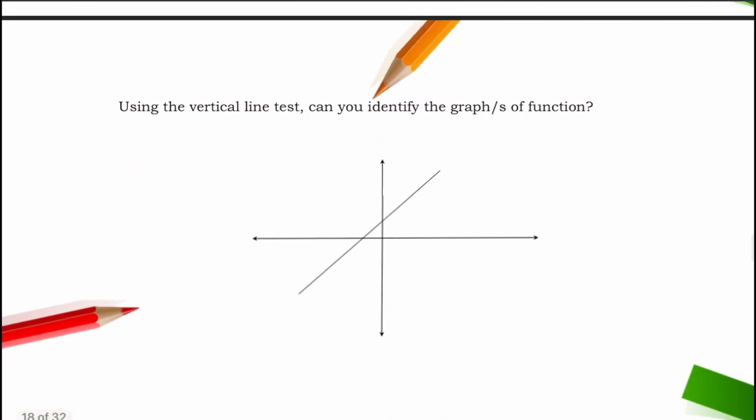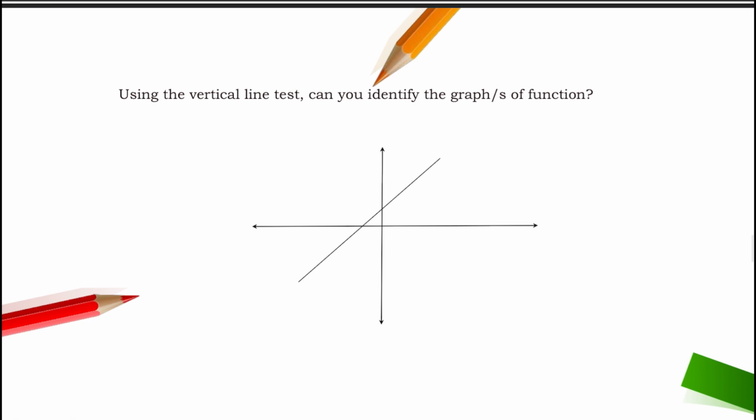Let's have example number 1. Given the graph of a line, the graph of a linear function. Now, let us use the vertical line test to identify if this graph represents a function.